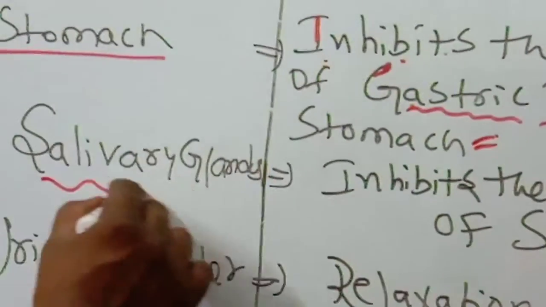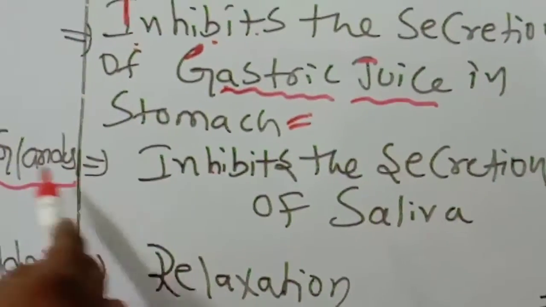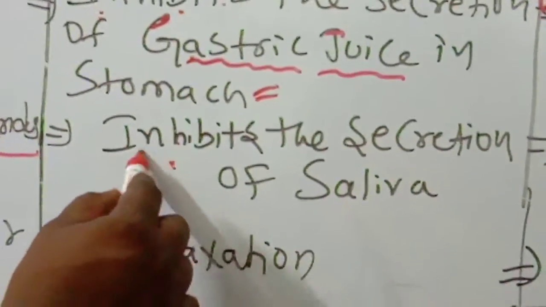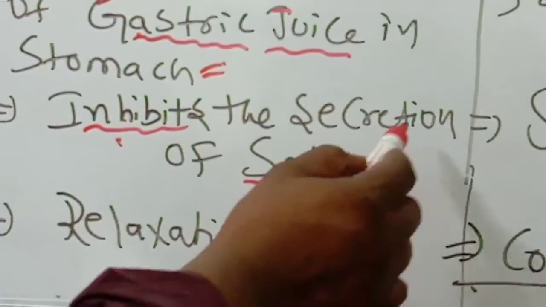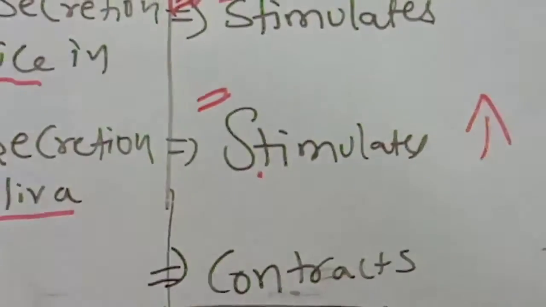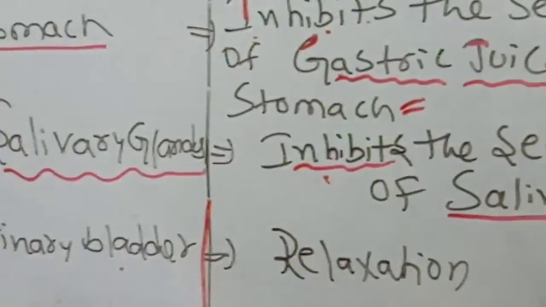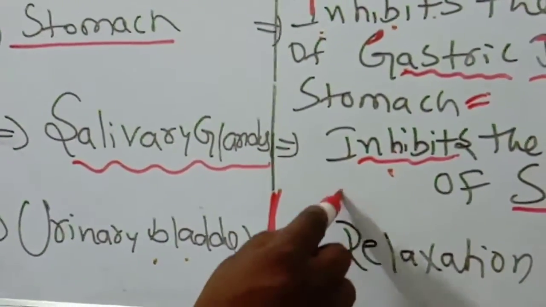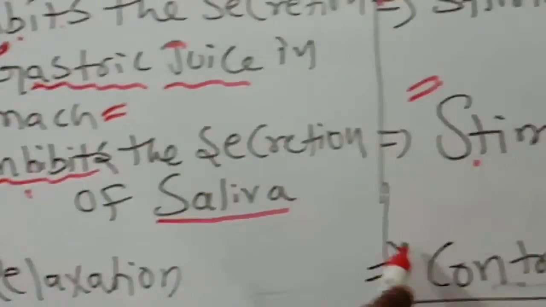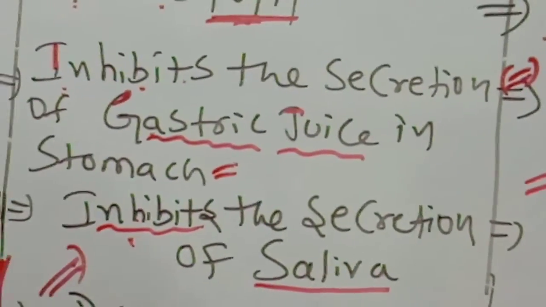Next, salivary glands secrete saliva, but the sympathetic nervous system inhibits the secretion of saliva, while the parasympathetic nervous system stimulates it. Then the urinary bladder: sympathetic relaxes it, and parasympathetic contracts it.